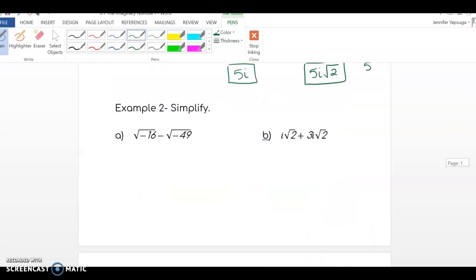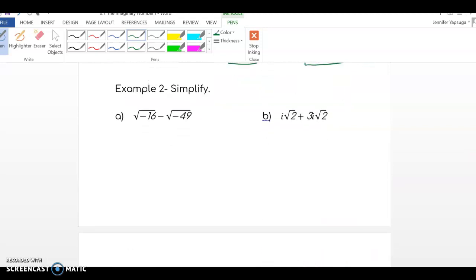Alright, so let's take this a step further and take a look at our next examples here. For example 2, we're asked to simplify. So again, we're going to simplify each of these radicals and then combine any like terms that we may have. If I've got the square root of negative 16, I can change that directly into 4i.